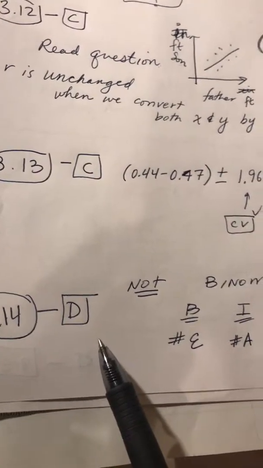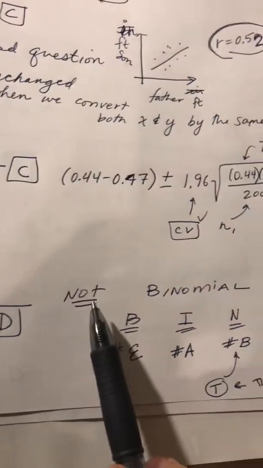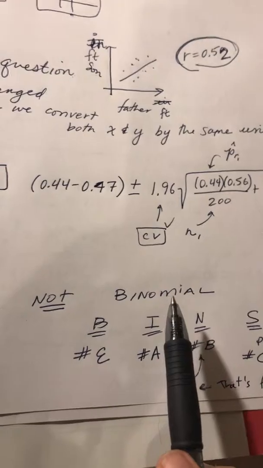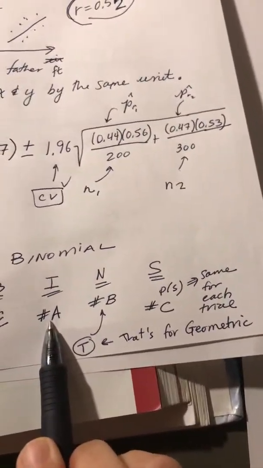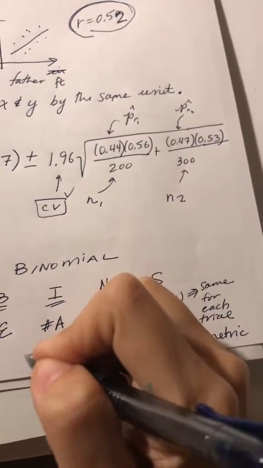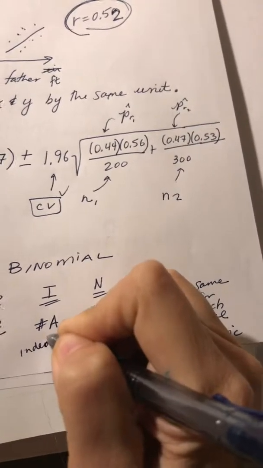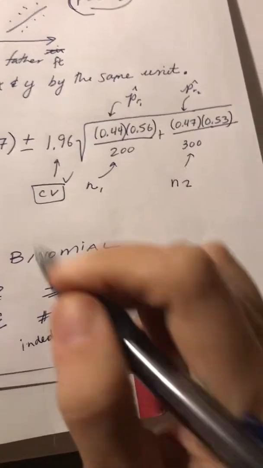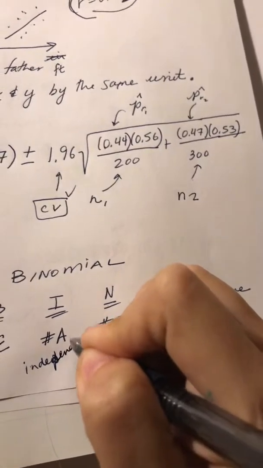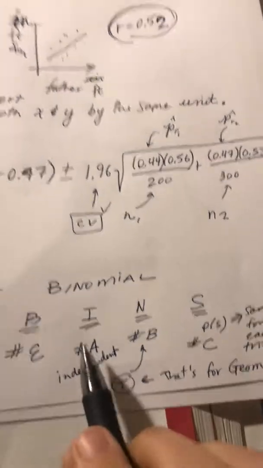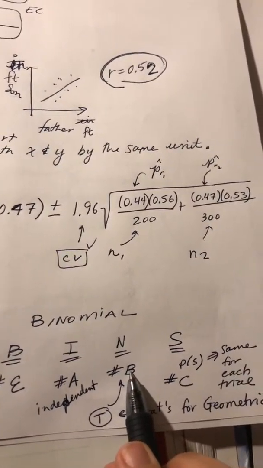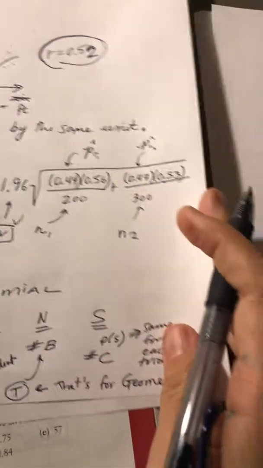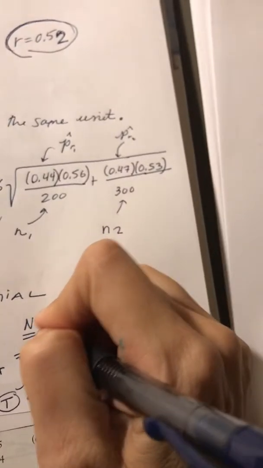So on this question, we're looking for what piece is not binomial. So we see part A talks about the outcome of the trials are independent. Okay, so we're not going to pick A because we're picking the one that is not binomial. Okay. Number B says the chance process consisted of a fixed number.